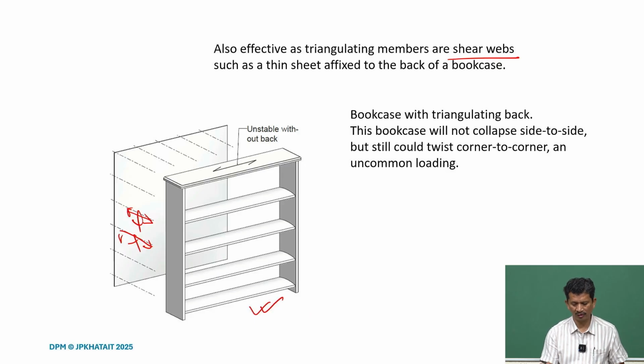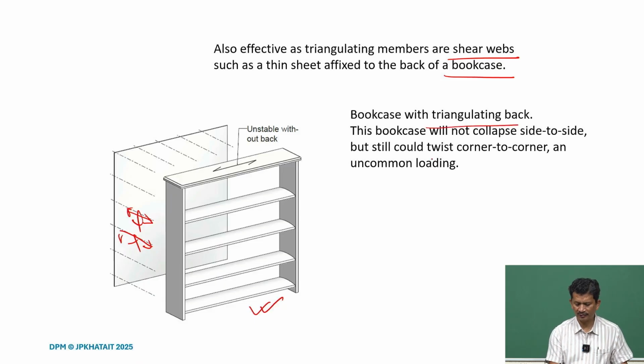So, whenever we receive bookcases or any kind of modular furniture design these days, we should make sure that they are properly secured, so that we get that triangulation, and the bookshelf or any kind of furniture does not get shaky.